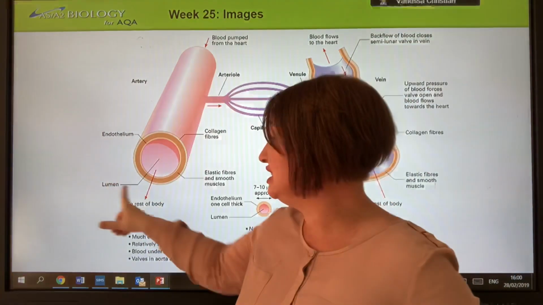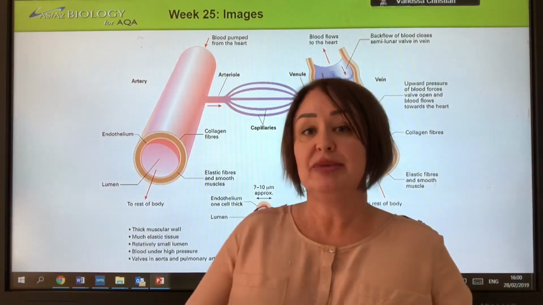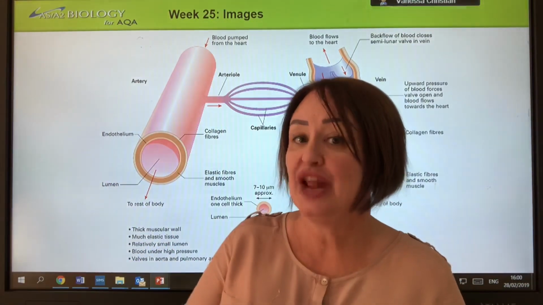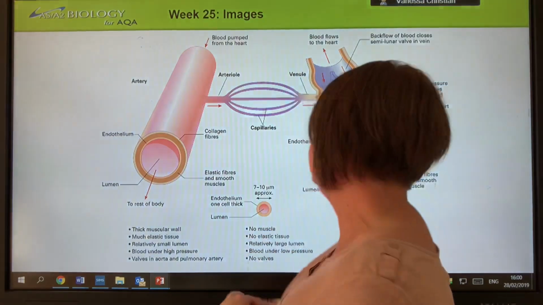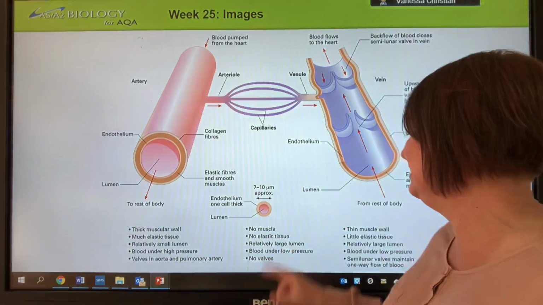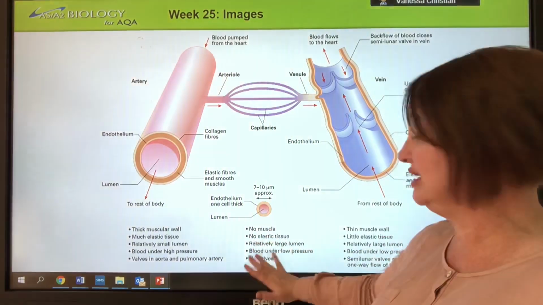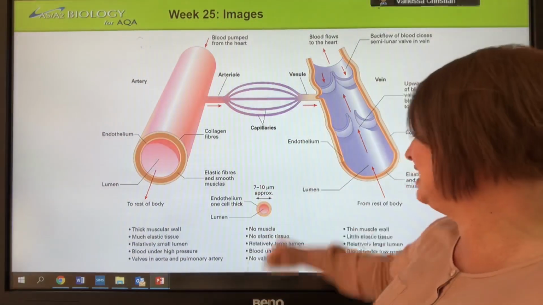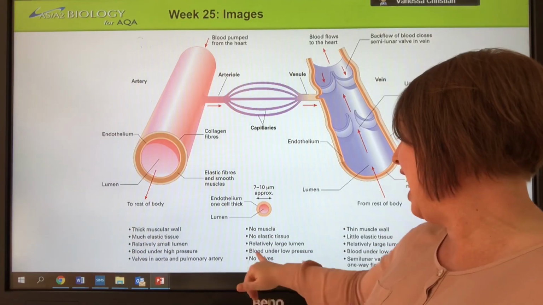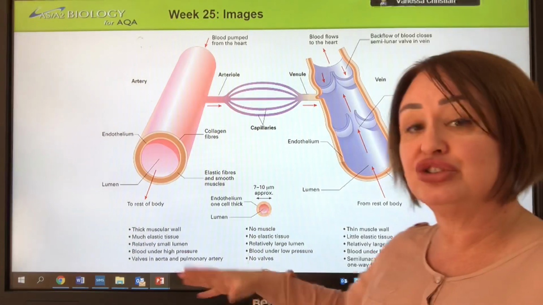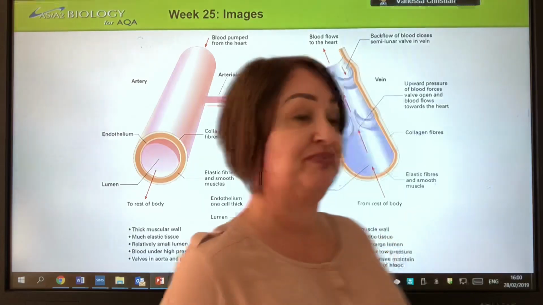It has a relatively small lumen because, again, that helps to maintain the pressure inside that artery. The capillaries are the complete opposite. They have no muscle, no elastic tissue. They have a teeny tiny lumen and they have blood under really, really low pressure.